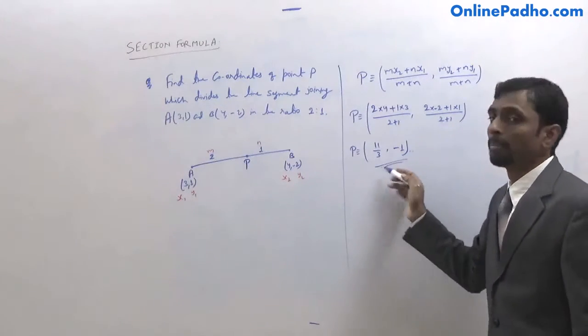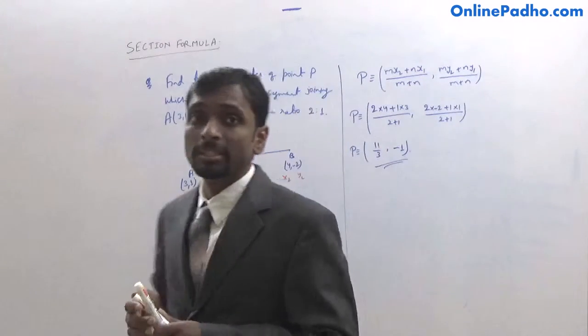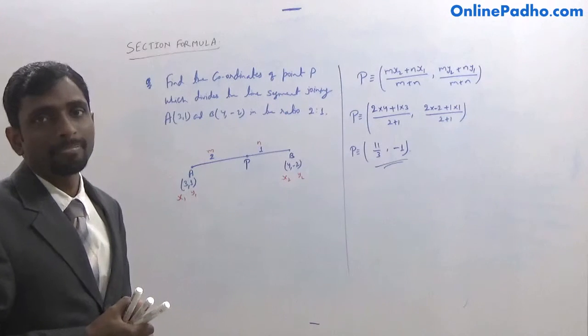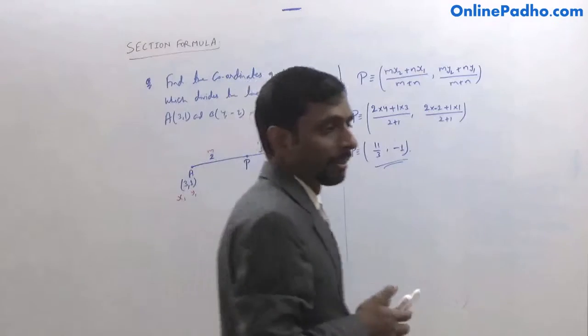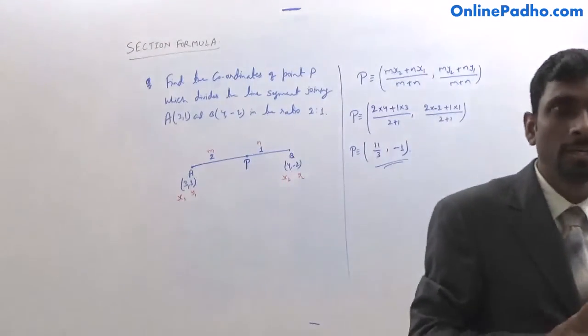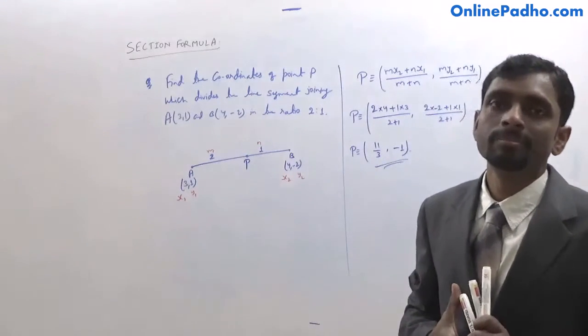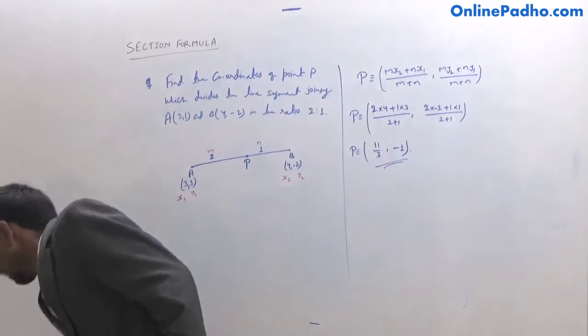So this is the required coordinate of point P: (11/3, -1). By this way you can find the coordinate of any point which divides a line segment in some ratio. Now, this is called the internal division.